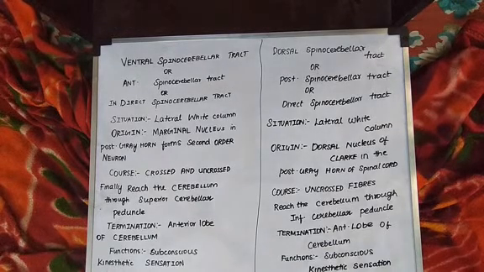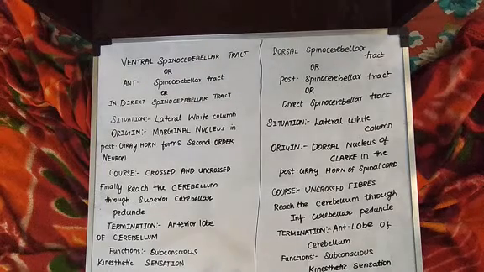So remember, the tract name is dorsal, and the origin is also dorsal: the dorsal spinocerebellar tract and the dorsal nucleus of Clarke in the posterior grey horn. Remember, they have given it as the dorsal, posterior or direct spinocerebellar tract. Direct means these fibers are not crossed, and indirect means these fibers are crossed. Just keep it in mind.